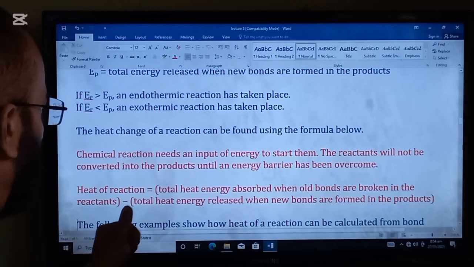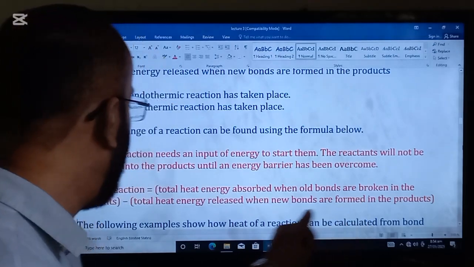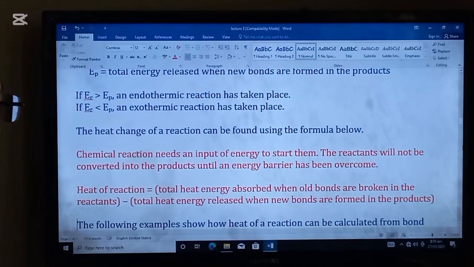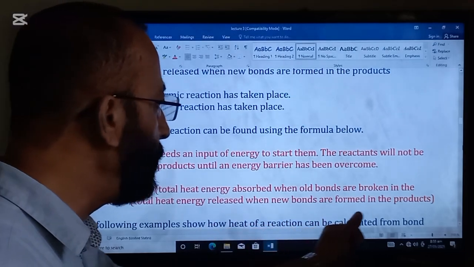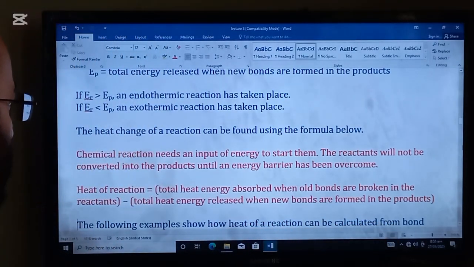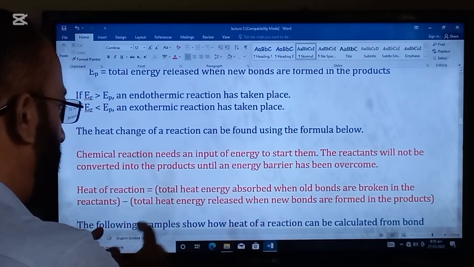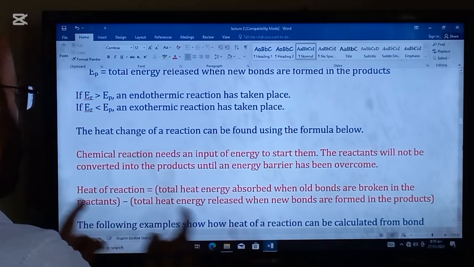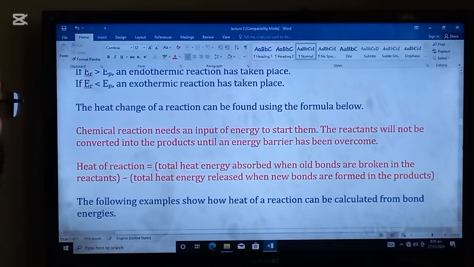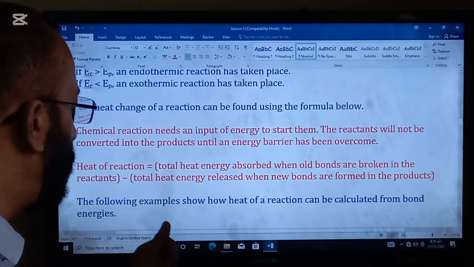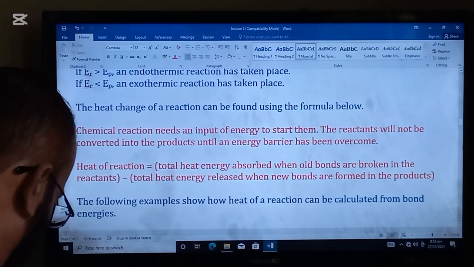Heat of the reaction is the total heat energy absorbed when bonds are broken in the reactants minus total heat energy released when new bonds are formed in the products. So in short form, total heat energy absorbed minus total heat energy released is the formula of the heat of reaction. The following examples show how heat of the reaction can be calculated from bond energies.